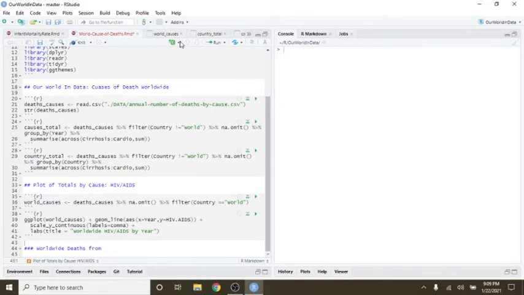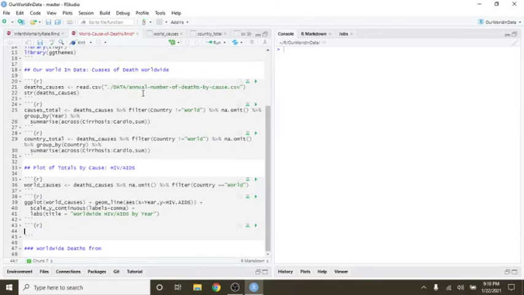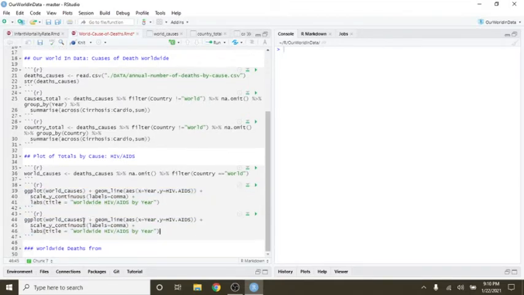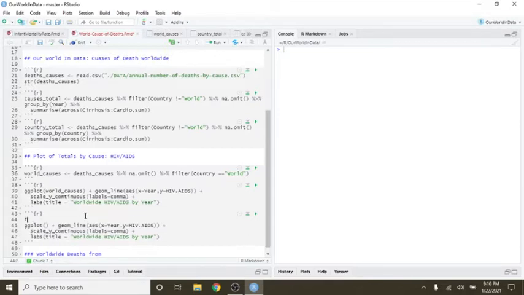Let's do the U.S. Okay, so we're going to do this.